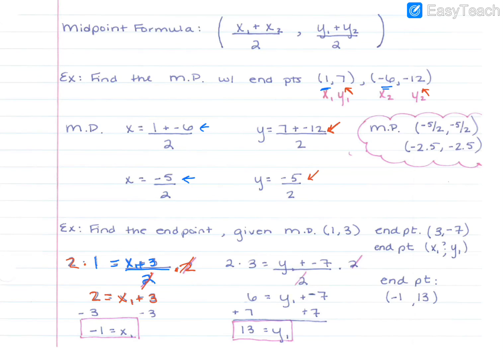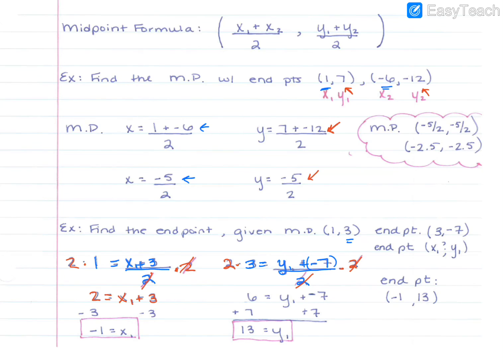Then we're going to do the same thing with the y. Now, the y, we had 3, so we're going to set 3 equal to an unknown y1, plus we know -7 was one of them, over 2. Again, get rid of that 2 by multiplying both sides by 2. That's going to get rid of that fraction.